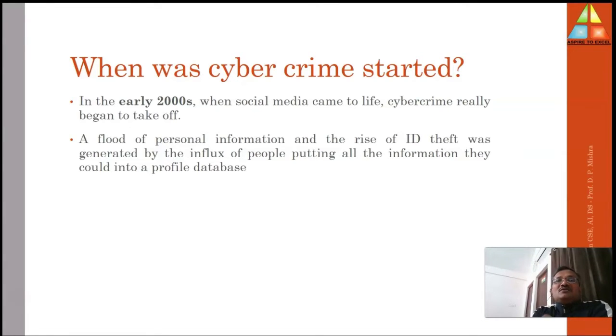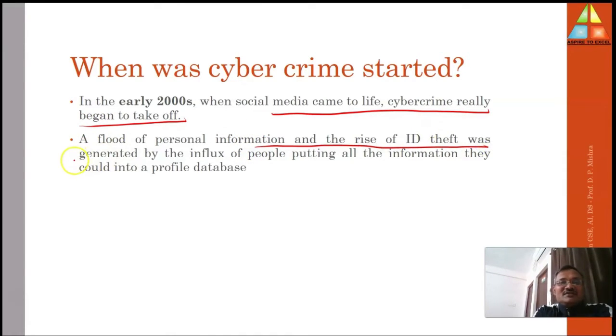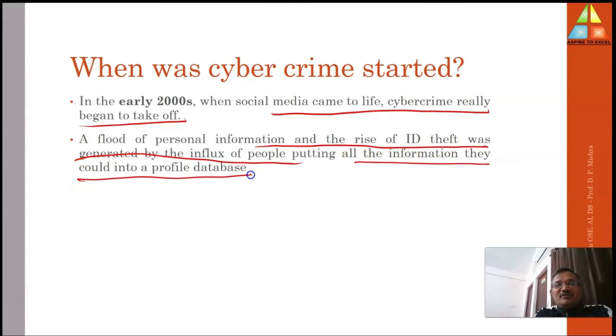In the early 2000s, when social media came into life, cybercrime really began to take off. A flood of personal information and the rise of ID theft was generated by the influx of people putting all the information they could into a profile database.